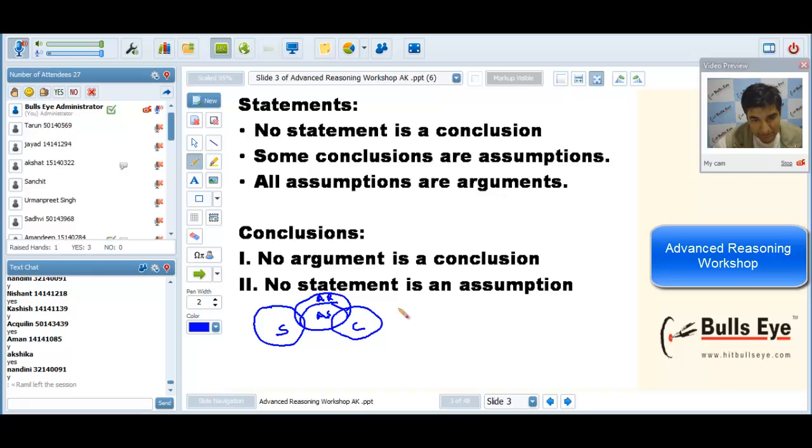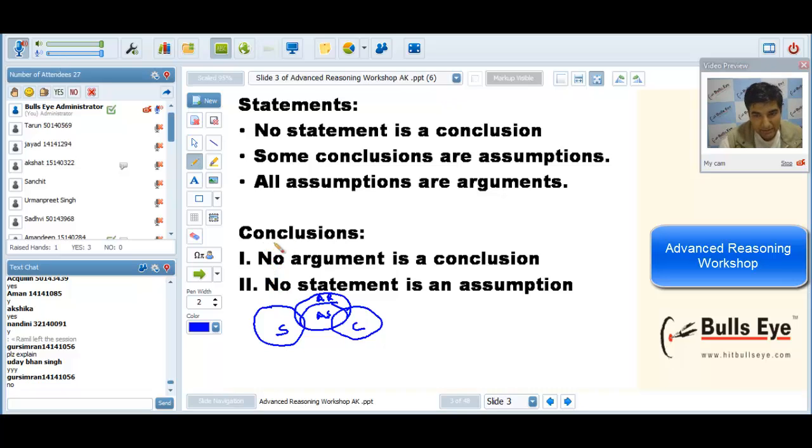Okay, let's have the next question. Okay, Gursimran, didn't you understand? Okay, I've drawn the diagram.